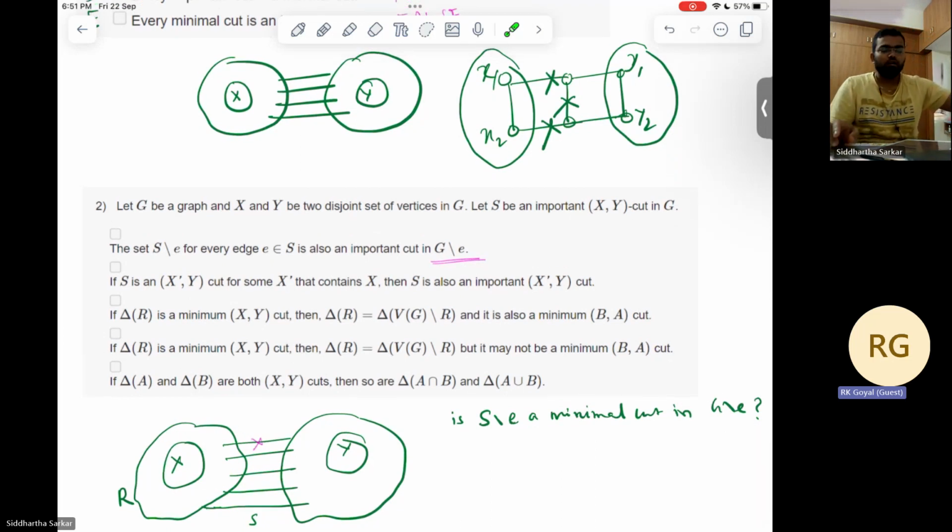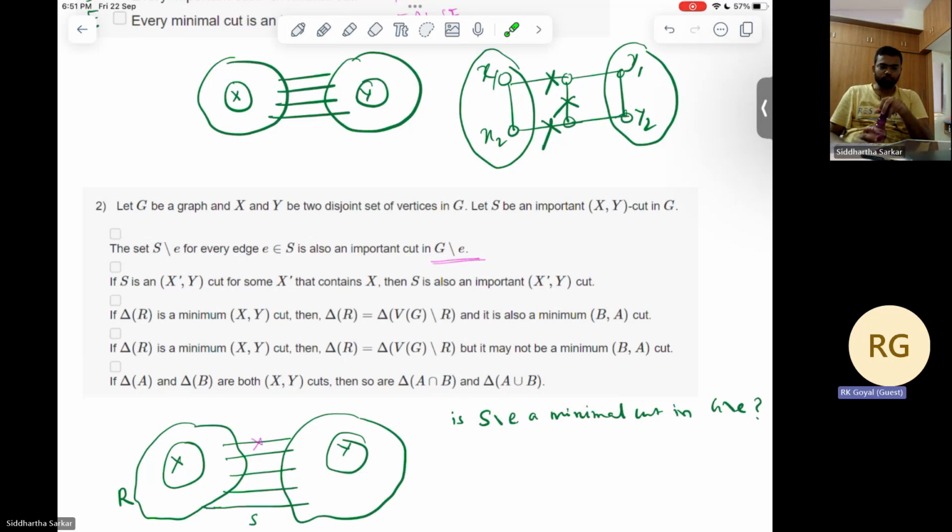So this S minus E is not a minimal cut for the graph G, because if I remove one more edge, then it shows clearly that the cut is not minimal.